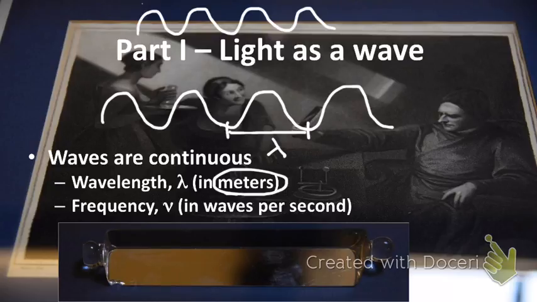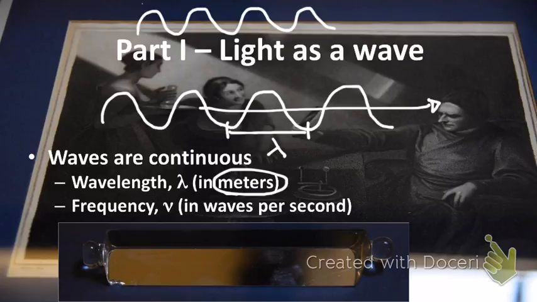Here's the other thing. Since the light waves are moving, let's say they're traveling in this direction, and Isaac Newton is our observer, and the light waves are coming past him. If he could actually see individual waves, he could count the number of waves that pass him.